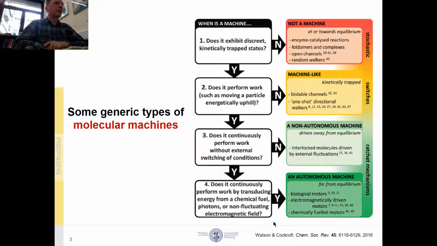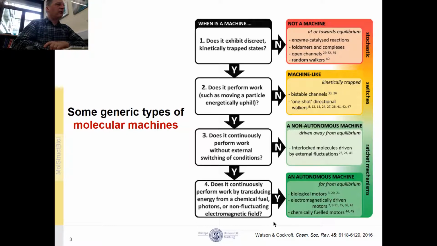Yes, indeed. Actually, it's also moving a particle, in this case a proton, energetically uphill. But they could also be just simple transporters, bistable channels, or just a very simple chemical analog of a one-shot directional walker. So when it's moving something energetically uphill, it is clearly not just machine-like, it's a real machine.